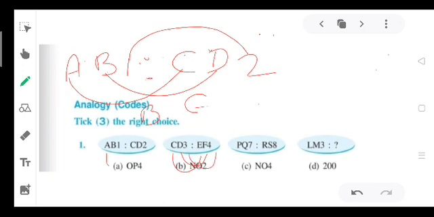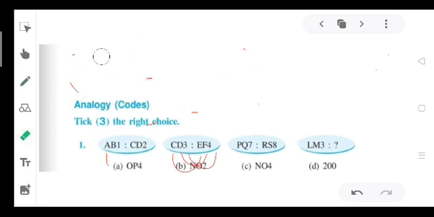So the same way, how can you find out your answer? Question is LM3 is to dash. This you have to find out. So the analogy you understand very well.